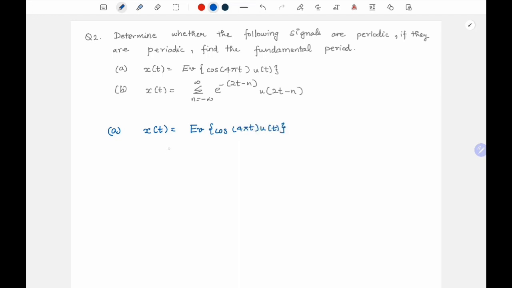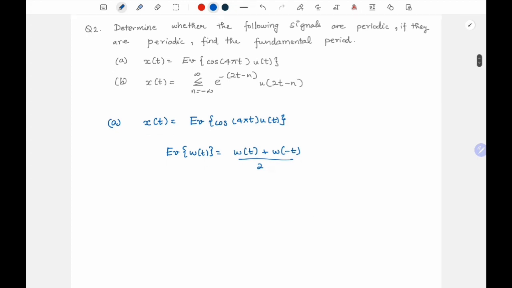So we already saw how to define an even function, right? E1 of some w of t is nothing but w of t plus w of minus t by 2. So this is the even decomposition of a signal, the even part of a signal. Similarly, you can write x of t that way.